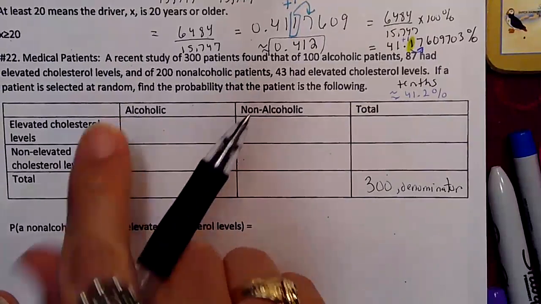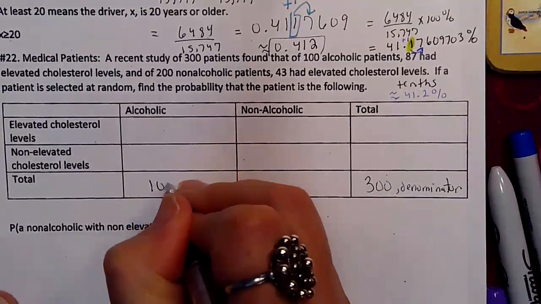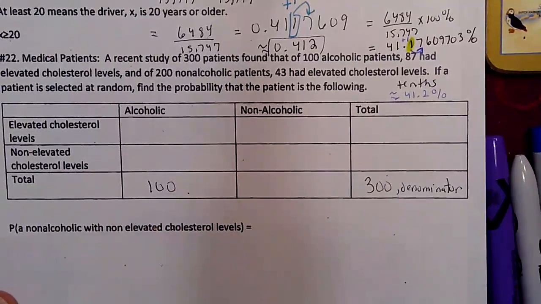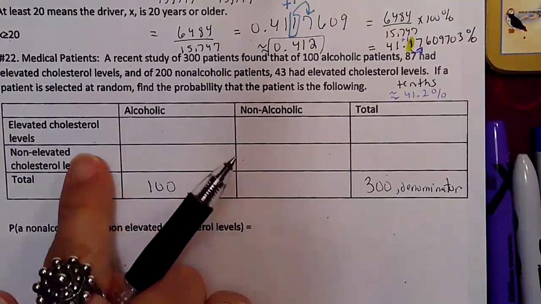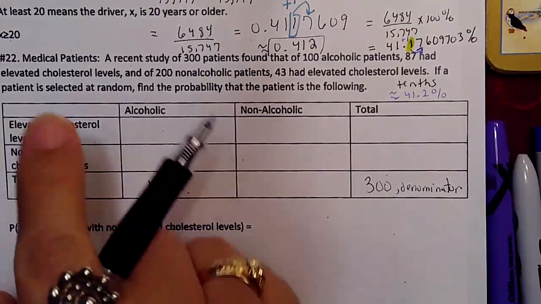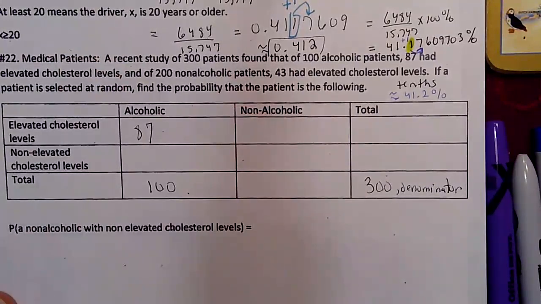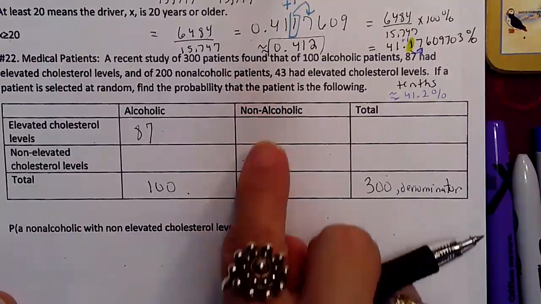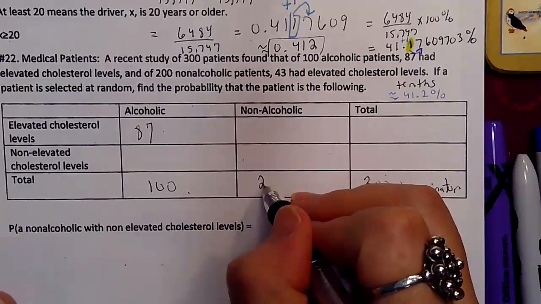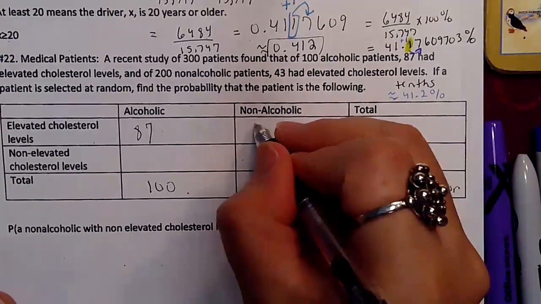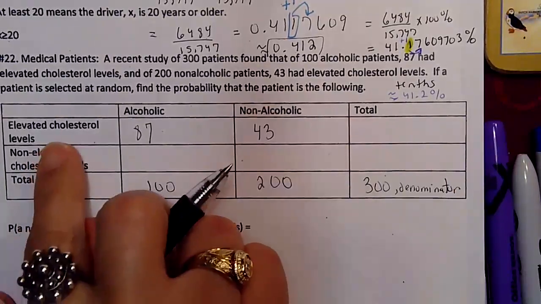So alcoholic, so we're going to do here 100. 87 had elevated cholesterol levels. So 87. And of the 200 non-alcoholic patients, there's 200. 43 had elevated cholesterol levels.